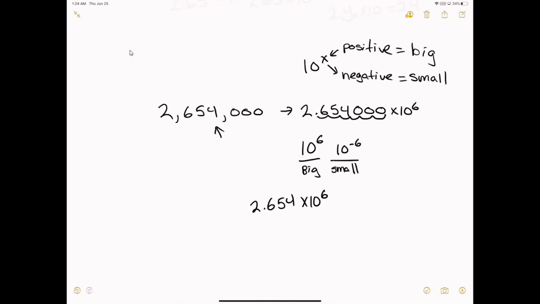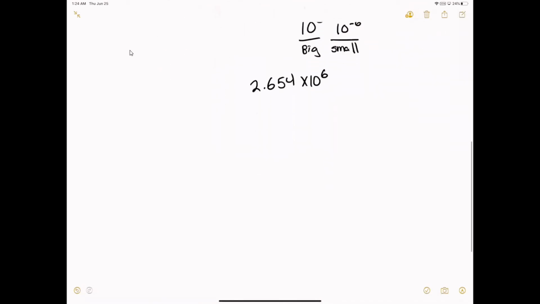Now, let's look at a small number. Let's look at something like 0.000318. Okay, let's look at this number. Now, to write this in scientific notation, I have to rewrite the number as a number between 1 and 10. It has to have a single digit in front of the decimal point.